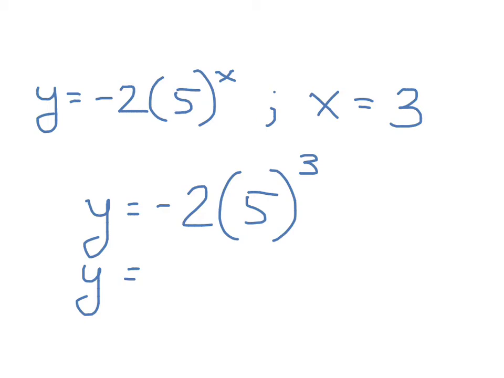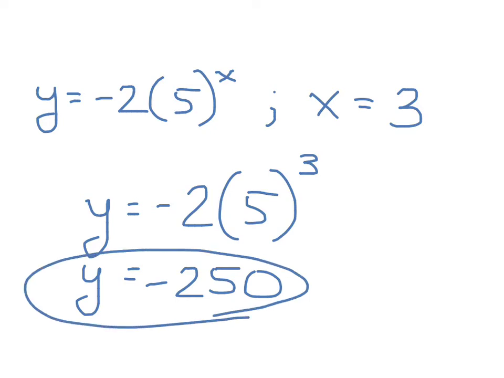I need someone with a calculator that's willing to punch that in for us. -250. So my answer for this one, when it asks you to evaluate, we're just trying to figure out what the number is after we plug it in. So, as Miss Alyssa said, we got -250. Okay, is everybody okay with how that came up?